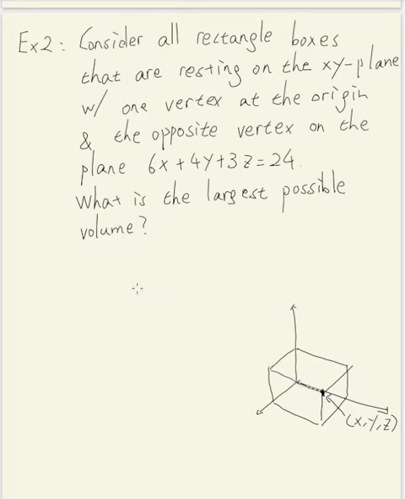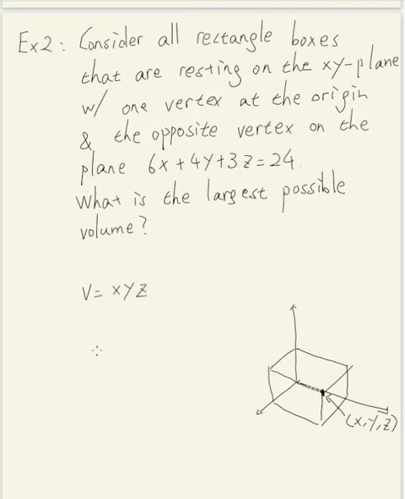All right, so if this point has coordinate x, y, z, then the volume, denoted by V, equals xyz, right? Because the vertex opposite to xyz is 0, 0, 0.